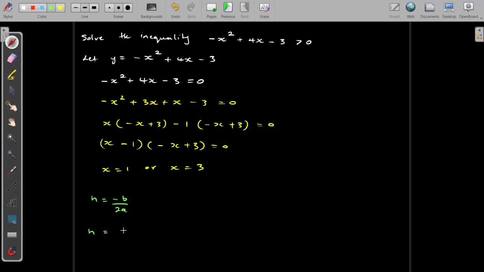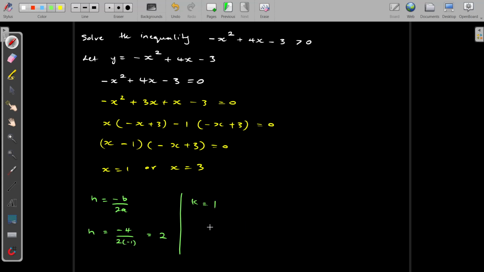So h is equal to negative b over 2a, so this is positive 2. And then our k value would simply be, we can substitute the 2 in the equation to get what k is. So that's negative 4, positive 4 minus 3. So k is equal to 1.